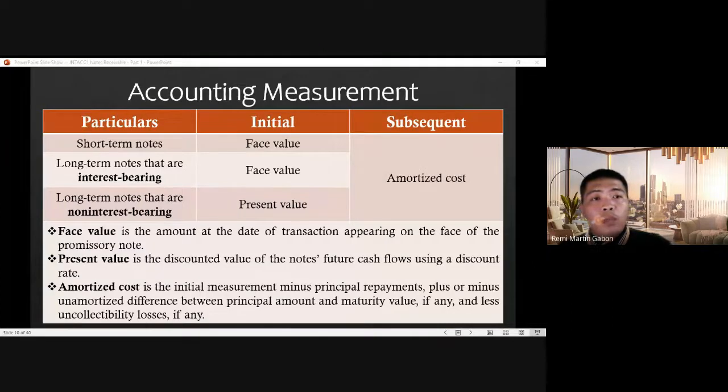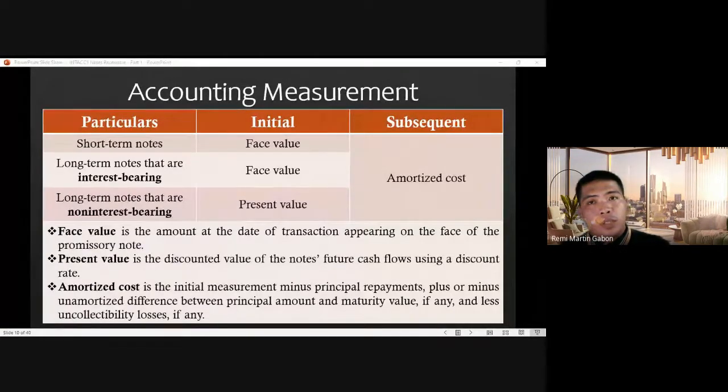Then for long-term notes receivable that are non-interest bearing, we initially measured it at present value. Present value, it is the discounted value of all cash flows associated with the notes. Yeah, so dini-discount natin.